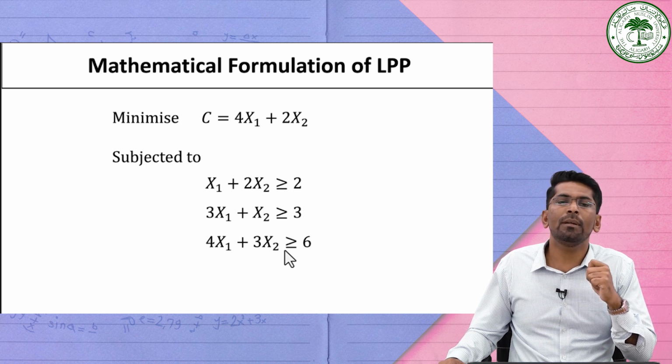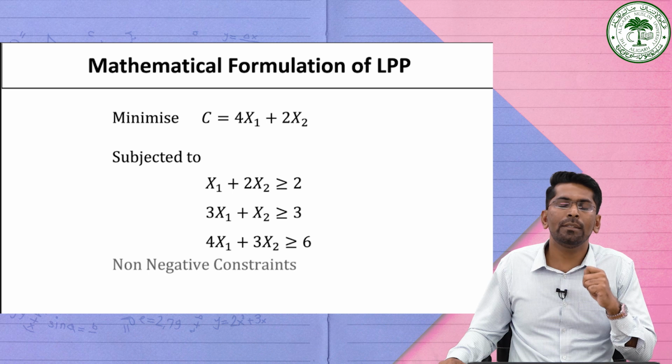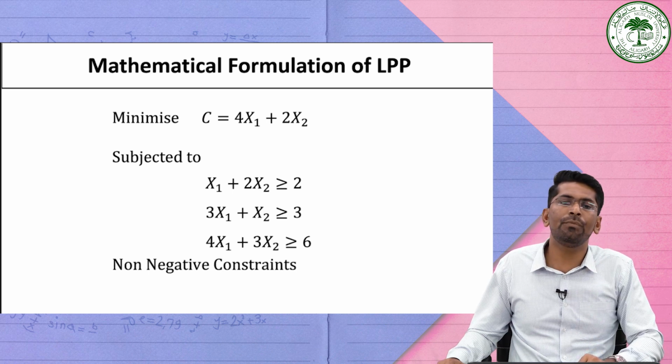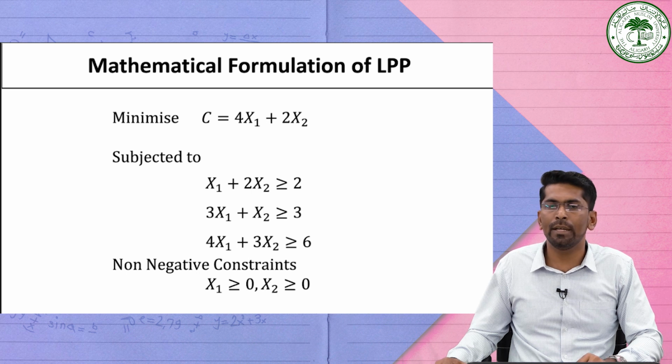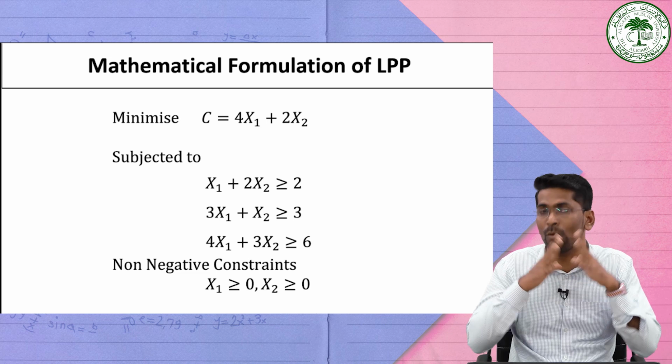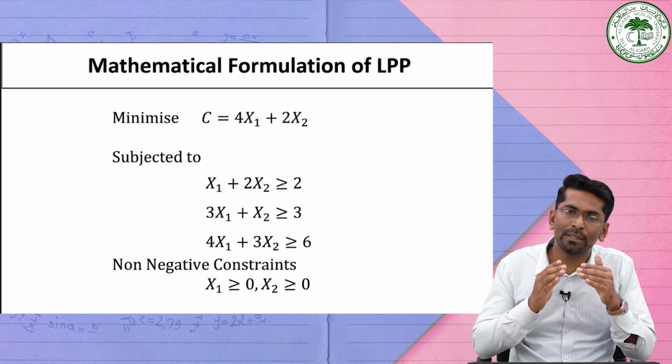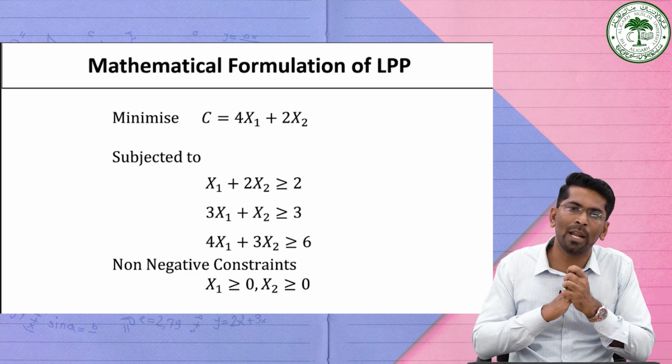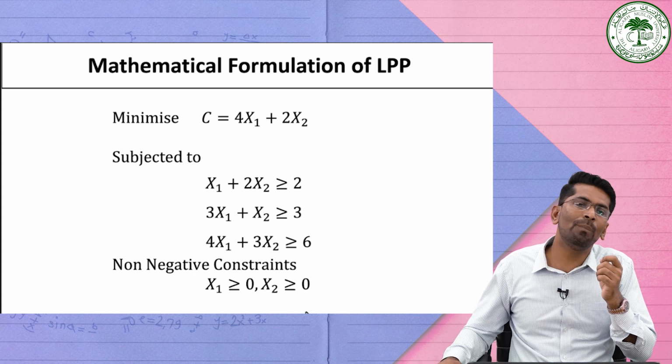So these are the various constraints. Then after that we specify the non-negativity constraints of the variables, that is x1 greater than or equal to 0 and x2 also greater than or equal to 0. So in this way we can formulate a real world complex problem into a simplified mathematical model. Now the model is completed here.